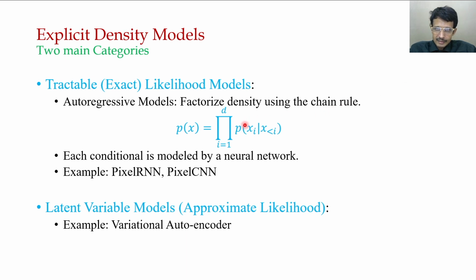Now in this case, how can we get this? We can factorize the density using the chain rule. You can see it is the probability of x_i given x less than i. Just see what is the probability of m, given only one word before it.